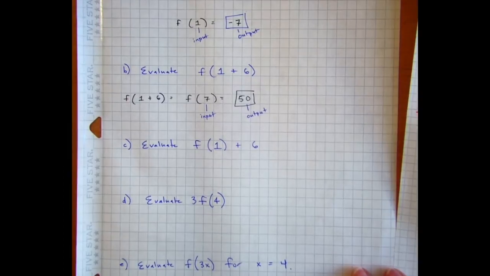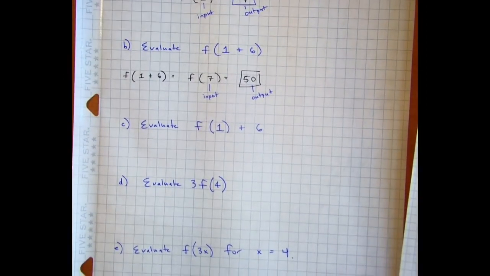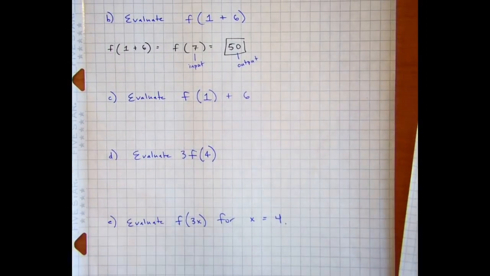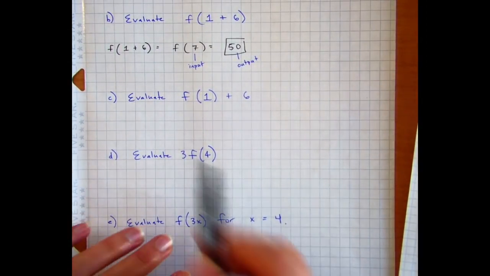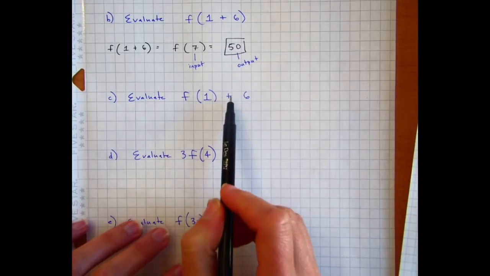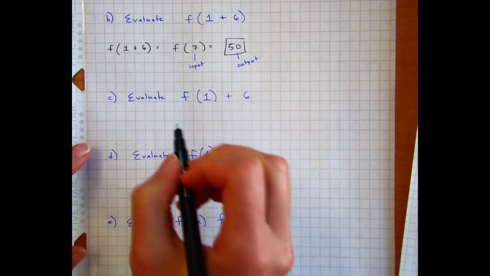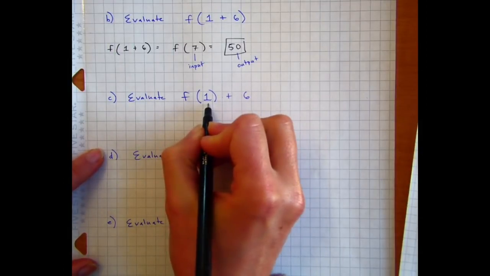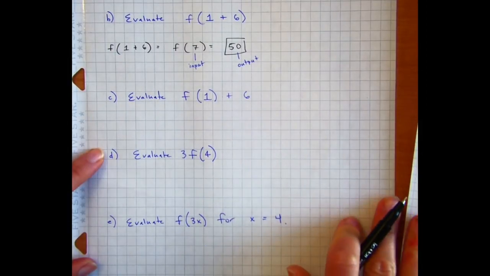Next is f of 1, plus 6. This is an outside change, so I know something different is going to happen. Let's start with evaluating f of 1. Going to my table, f of 1 is equal to -7.